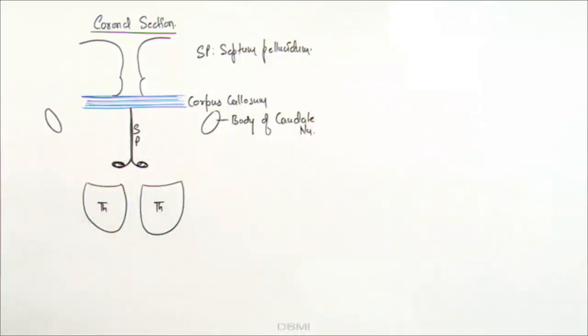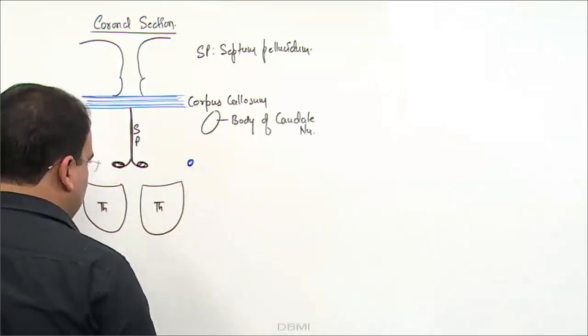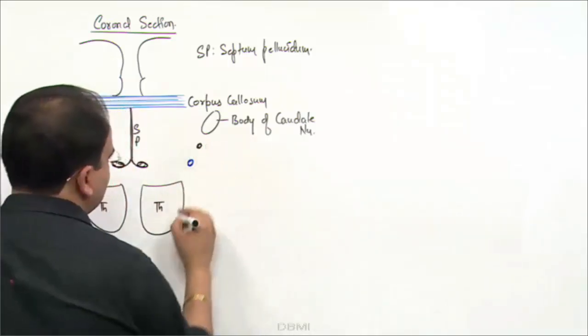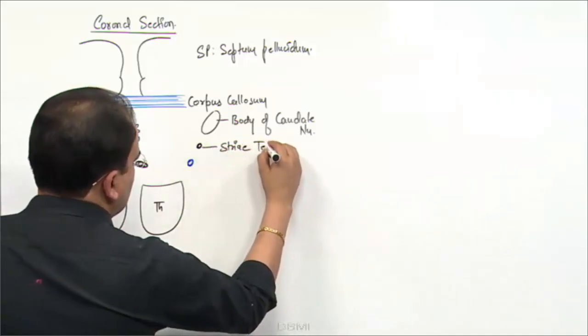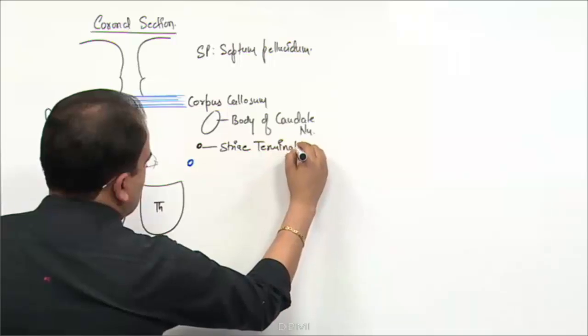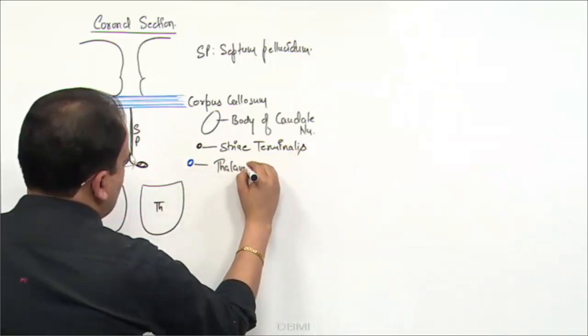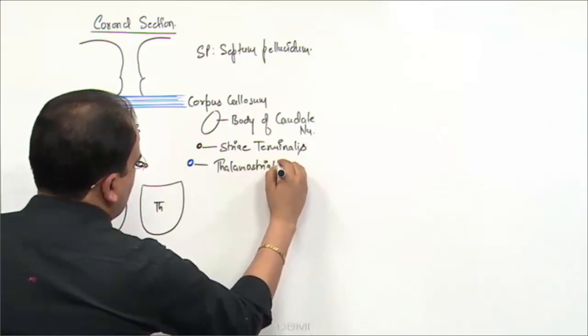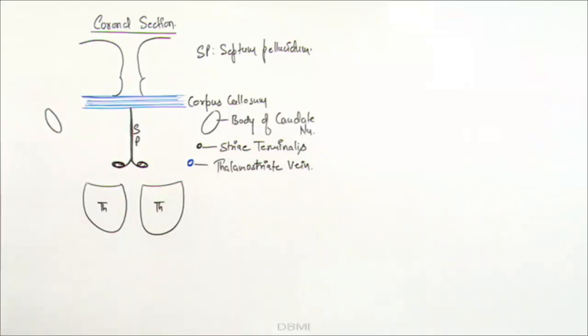And between the thalamus and the body of caudate nucleus, we will see the thalamostriate vein and stria terminalis.